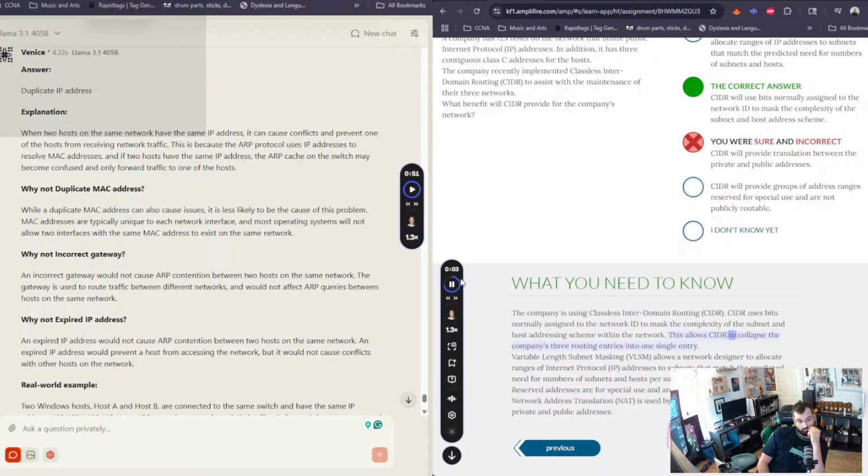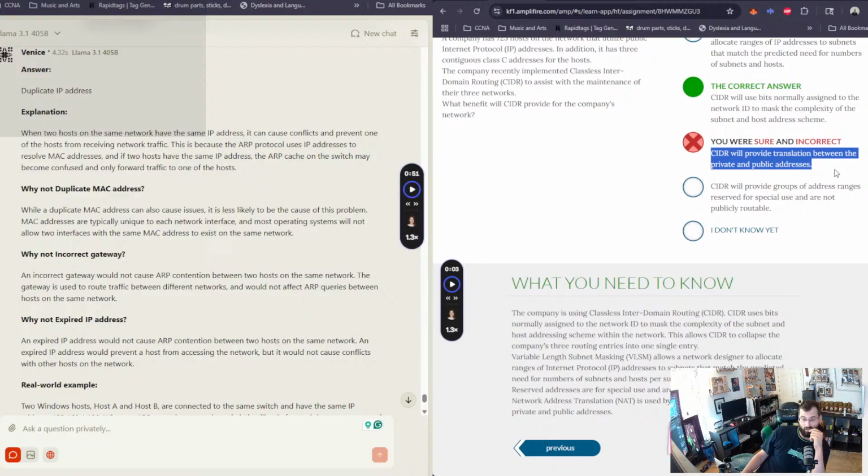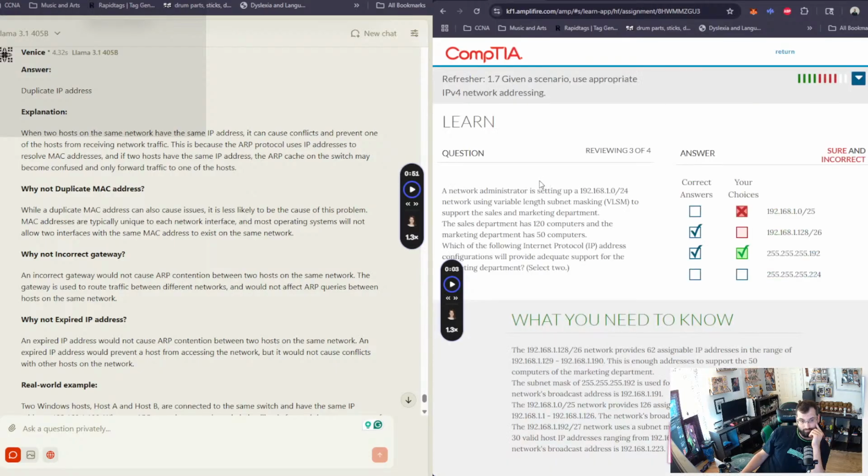This allows CIDR to collapse the company's 3 routing entries into one single entry. So I was right. Well, I wasn't right with this one. I was right when I remembered what CIDR was. So it's not the translation, it's just an abbreviation. The complexity of the subnet mask. Okay.